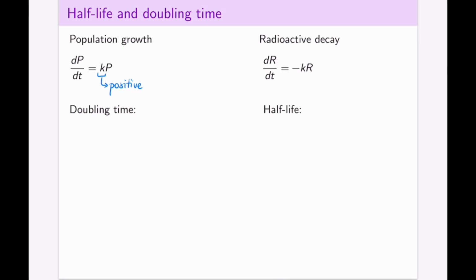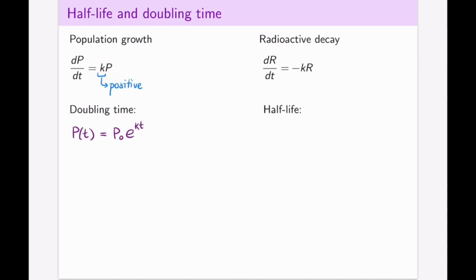So as a first step, we're going to transform the differential equation into the equation for population growth, or into its solution. So what I have here is that the population size is equal to the initial population times e to the power of the constant of growth times the time.